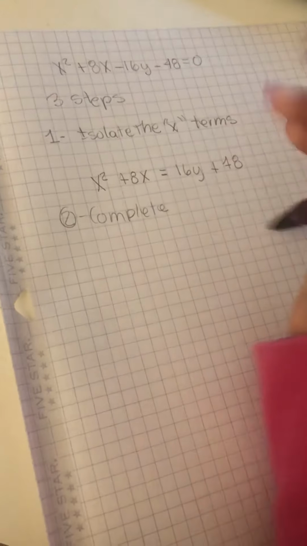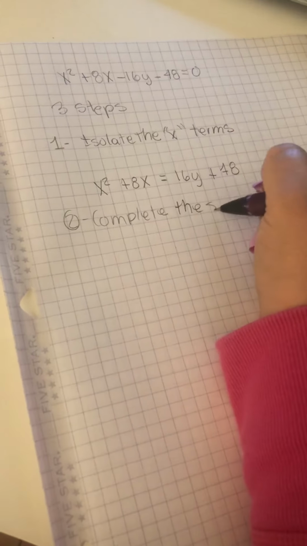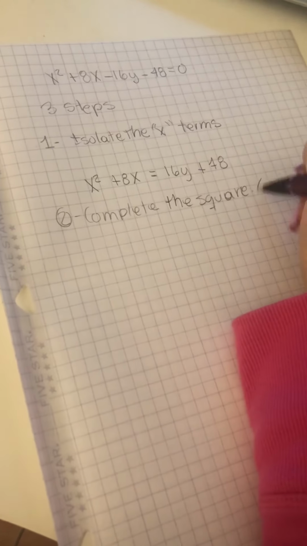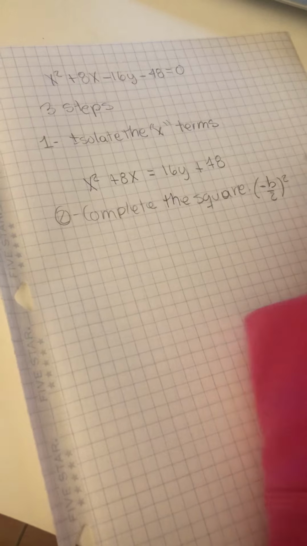complete the square. That is negative b over 2, squared.